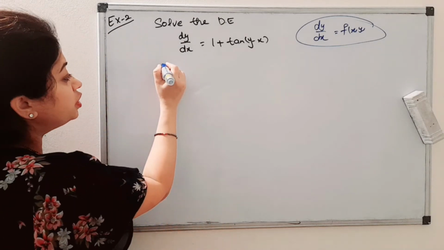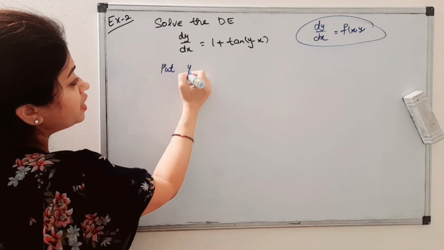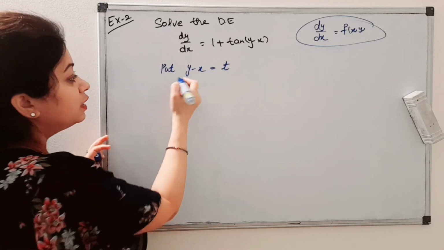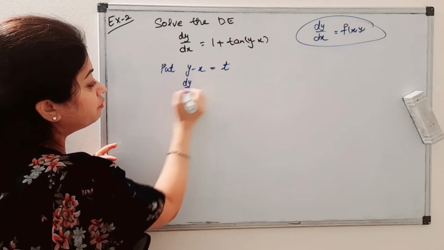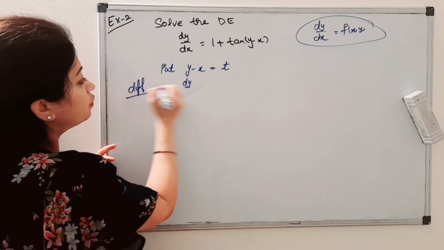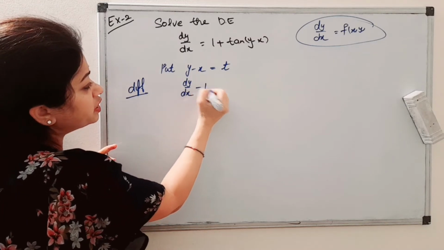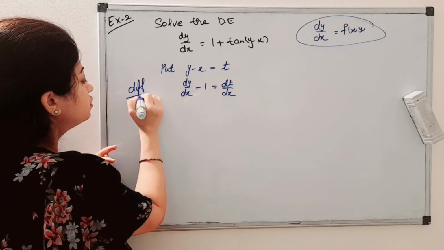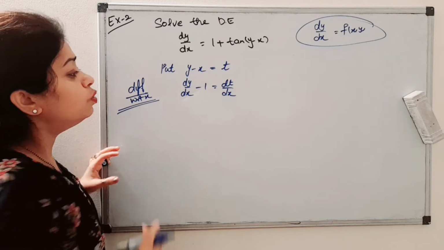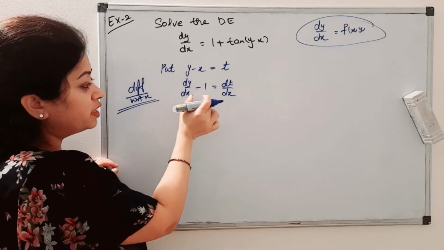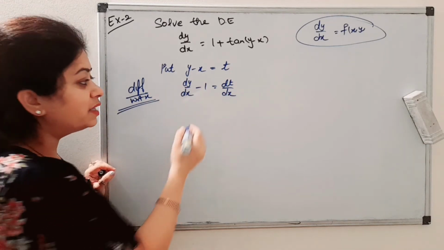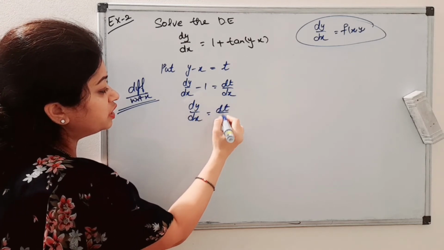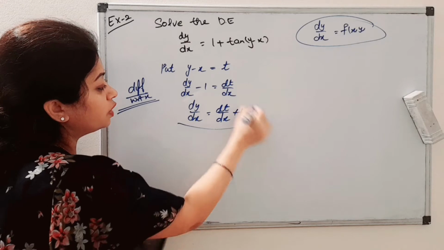If we substitute y minus x equal to t, then differentiating with respect to x, dy by dx minus 1 is equal to dt by dx, and we get dy by dx equal to dt by dx plus 1.